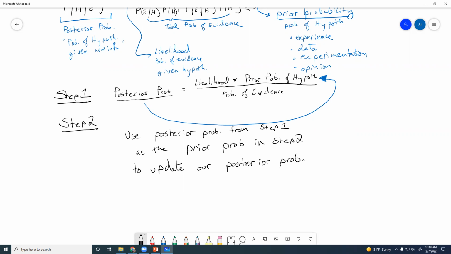So we're kind of refining our estimate of the probability that we have COVID.